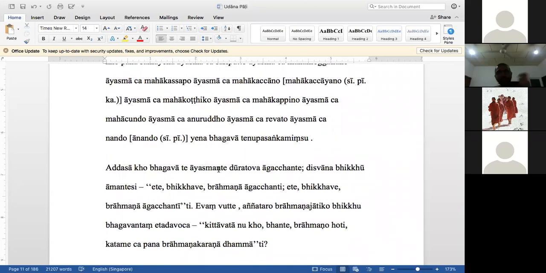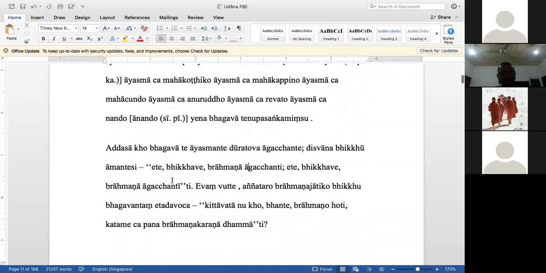Then it's clear. Addasa kho Bhagava ayasmante durato agacchante. This sentence also needs to be explained grammatically. The rough idea is that the Blessed One saw them coming from far away. If we analyze this sentence, the subject is Bhagava. Addasa is the verb. It comes from the root dis, the past tense, in the singular third person.